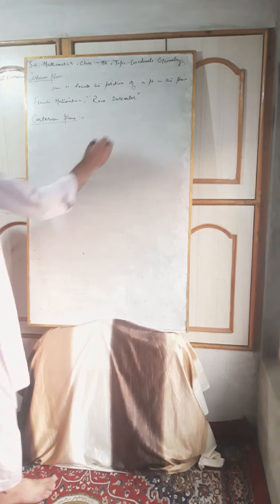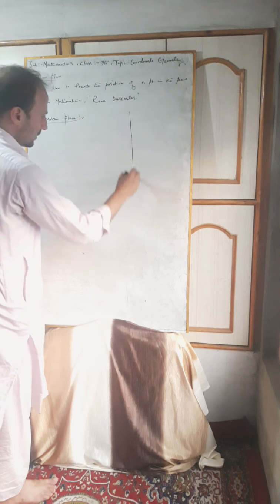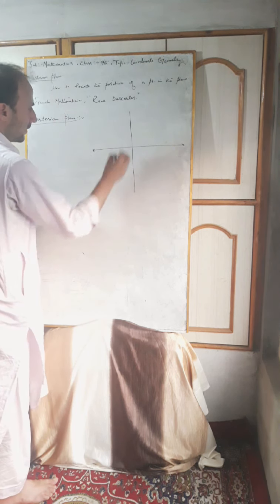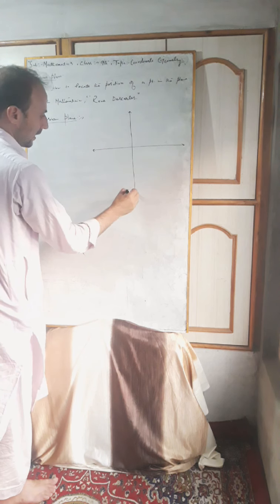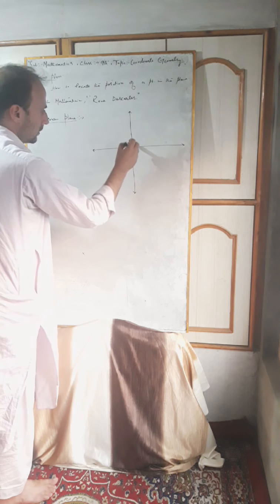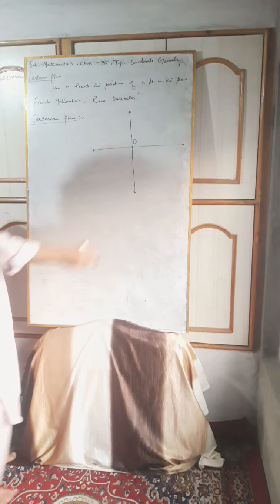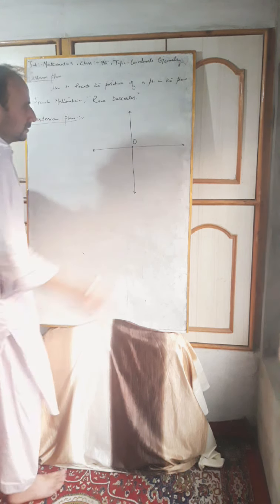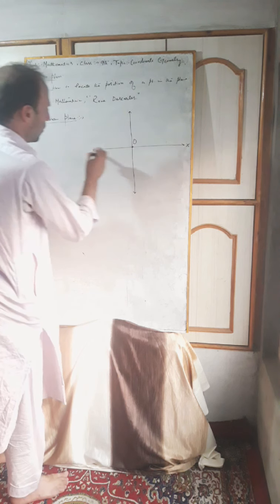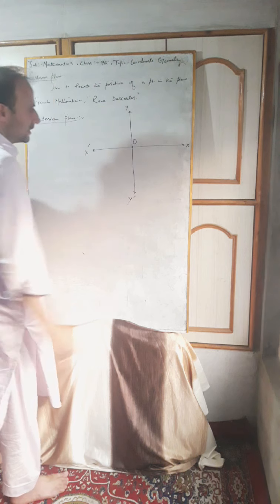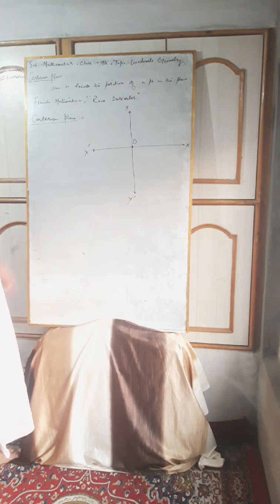In the Cartesian plane, we consider two perpendicular lines intersecting each other at the point O. This point O is called the origin. Here XO, X dash and YO, Y dash are called the axes of the Cartesian plane.